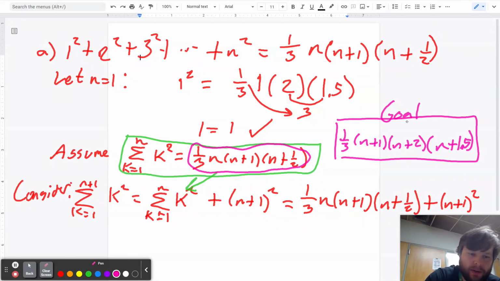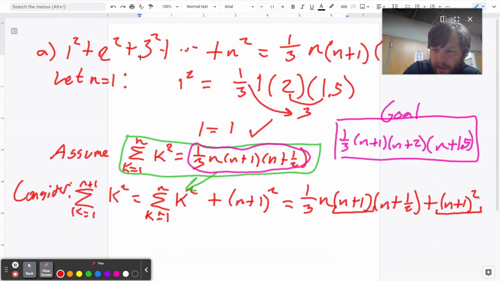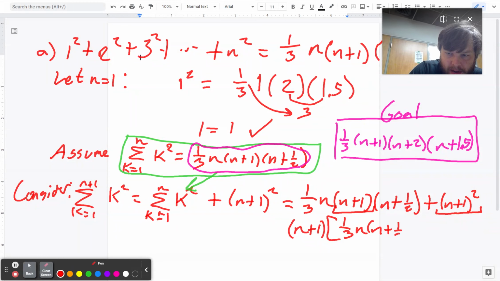And so what I notice is that our expression has an n plus 1 in two spots. You could, of course, multiply everything out, but that would get pretty hairy. So I'm just going to look for commonalities. There's usually something in common. So I'm going to factor out an n plus 1 from both of those terms. The left term has remaining a 1/3, an n, and an n plus 1/2.